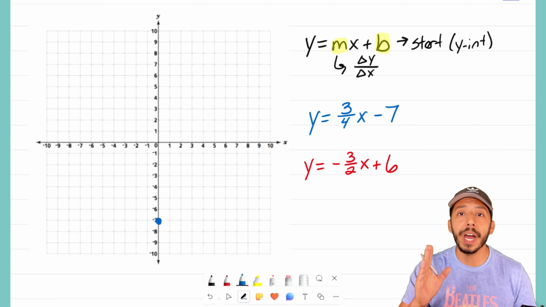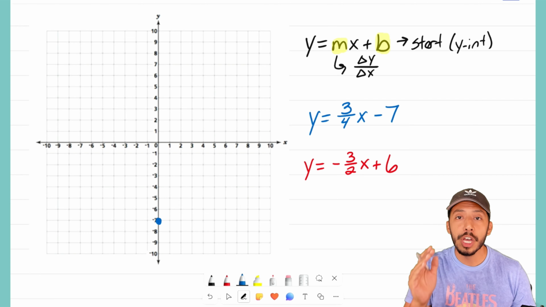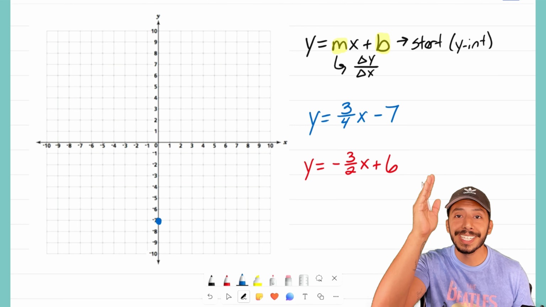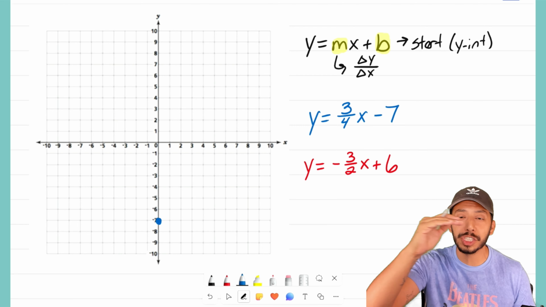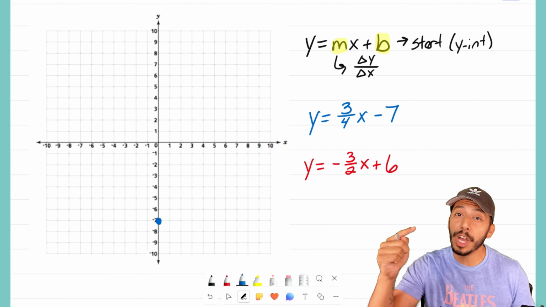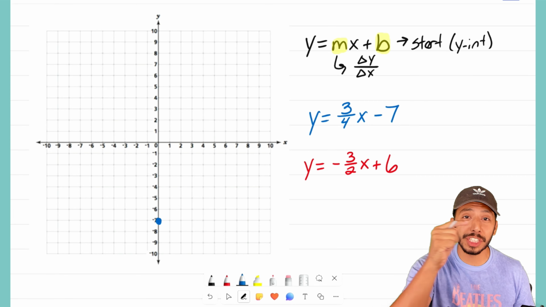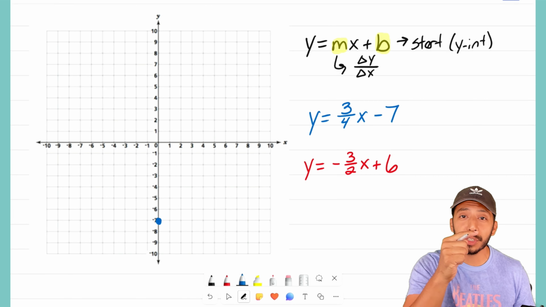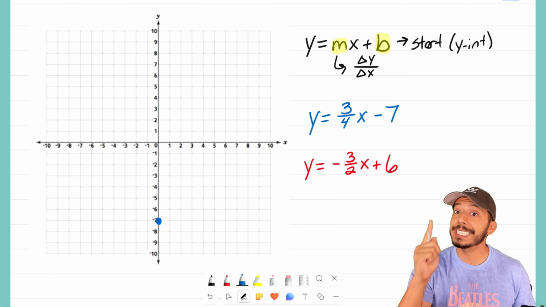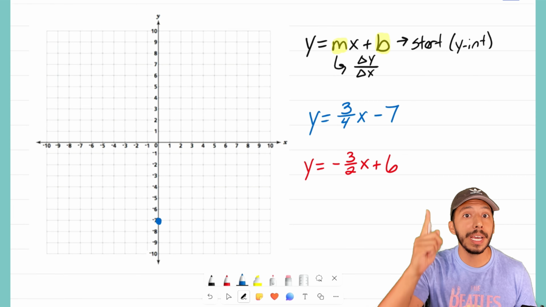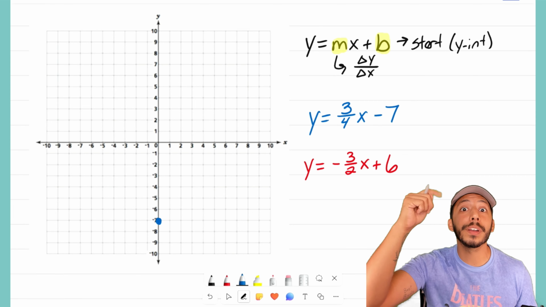That means the change in y from my starting point, the starting point over there at -7, the change in y is +3. So I'm going to be going up 3, and then the 4 on the bottom is my change in the x direction. For x, we always go to the right. We're not going to the left. The delta x is always to the right. Delta y, it's either going up or it's going down, depending on if it's positive or if it's negative.